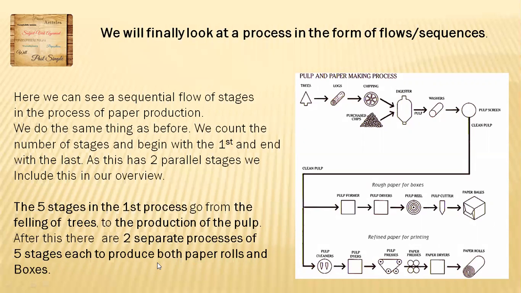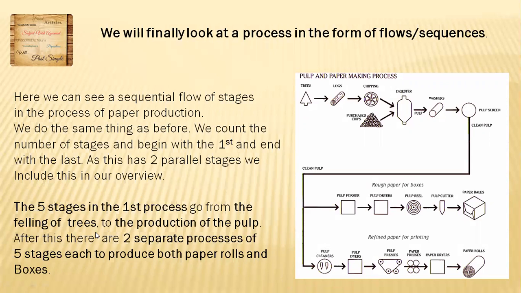In the overview, it's not so important if you change something slightly. The examiner wants to see that you're aware of all the stages and you're aware of the overall sequence of events.